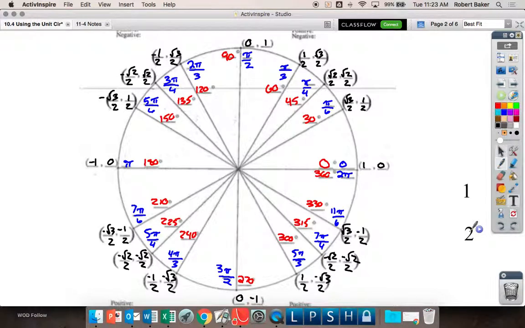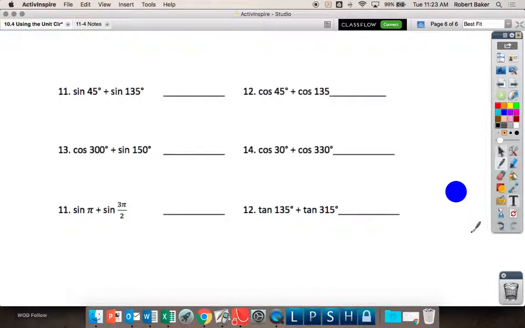The second set of questions. The instructions say no calculator, exact values. I'll pick number 11. The sine of 45 plus the sine of 135. So you go to your unit circle and find 45 degrees and find the sine value.